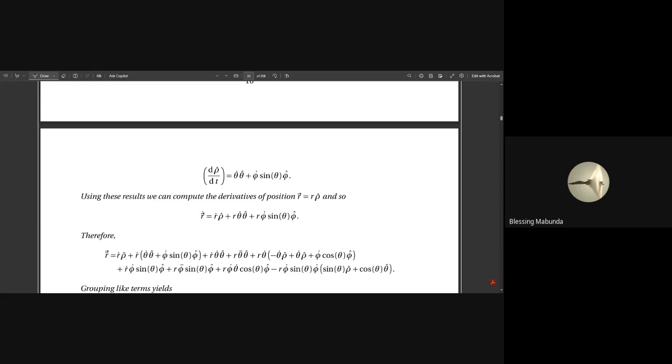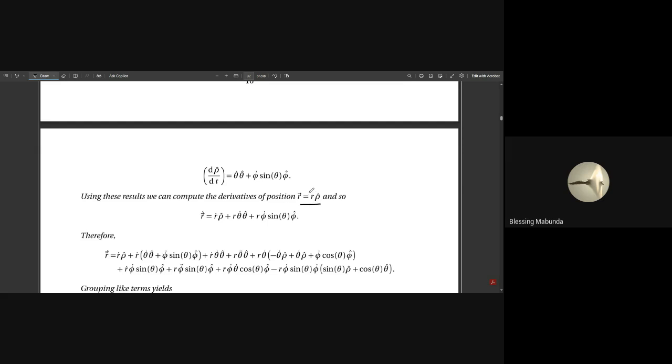So here we've given our position vector, which is r multiplied by rho hat. So r dot here, meaning that that's the derivative of that. You're going to apply the product rule.